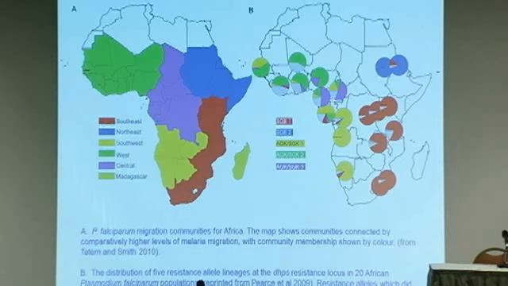Here I'm showing a study by Andy Tatem and Smith looking at the degree of connectedness between countries in terms of migration and malaria, in terms of the extent to which people are infected with malaria and the degree to which migrants will be exchanged between countries.